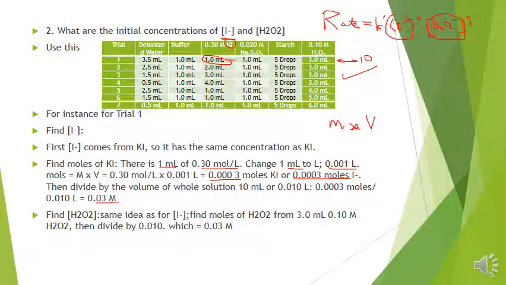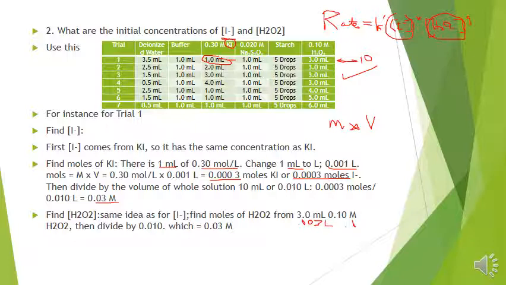Now, we'll see that in the next slide where you put that. But then for trial 2, now you have 2 mL, and you do the same thing. So instead of having 1 here, you go 2 mL times 0.3 and so forth. Now for the H2O2, you do the same thing. You start out with 3 mL of 0.1 molar, so you change this to liters, so it's 0.003 liters times 0.1 molar.